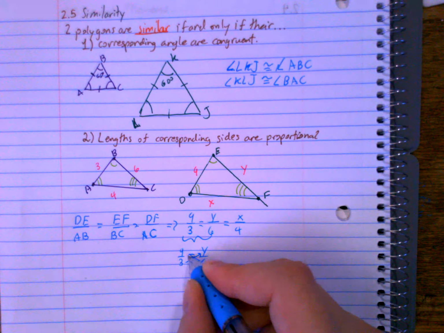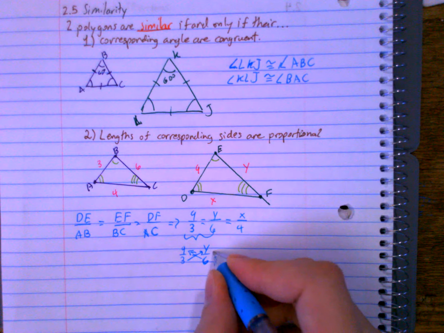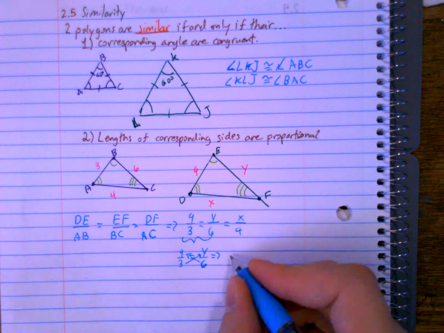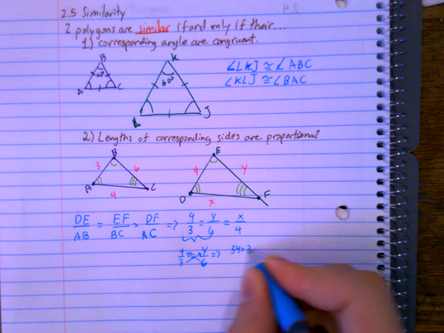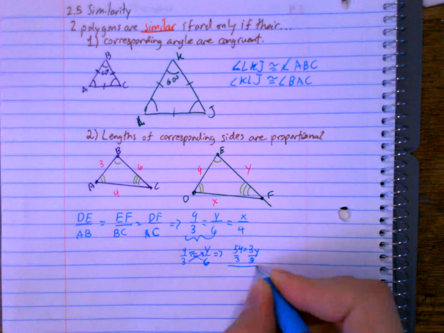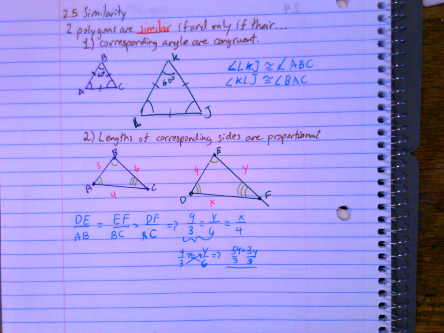Yep, cross multiply. Very good. So from there, we get 6 times 9, which is 54, equals 3y. Divide 3 from both sides. What's 54 divided by 3? Should be 16, right?